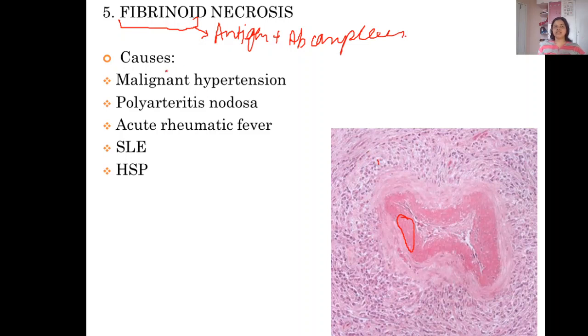This is seen in diseases like malignant hypertension, where you see it in the blood vessel. This is the most common cause of fibrinoid necrosis. Also it is seen in polyarteritis nodosa, acute rheumatic fever, systemic lupus erythematosus and Henoch-Schonlein purpura. In all of these, you see this pinkish material deposited in the blood vessel, that is fibrinoid necrosis.